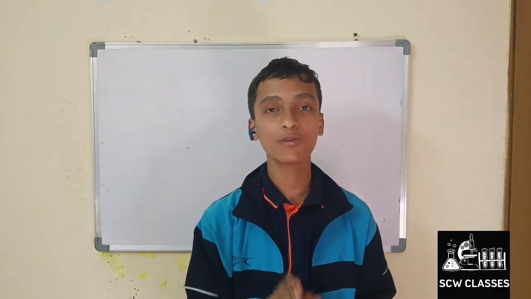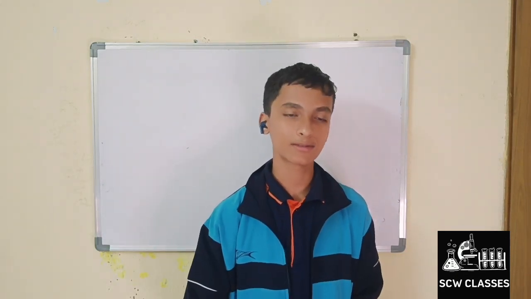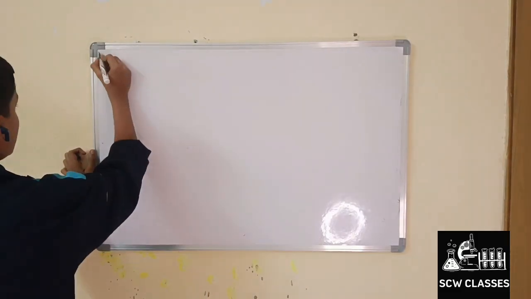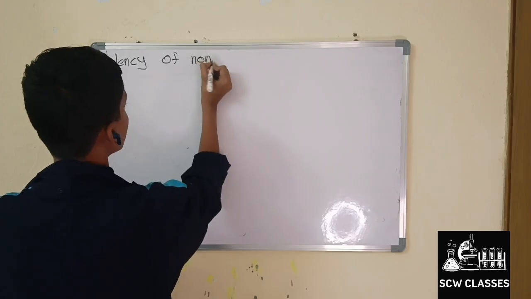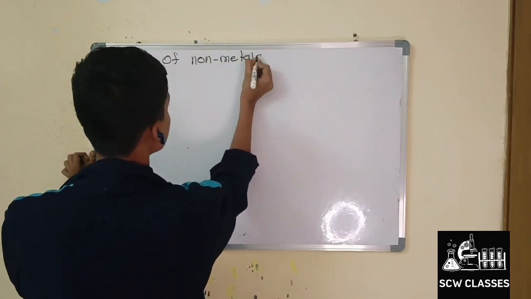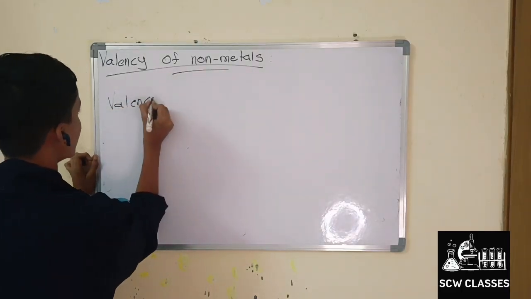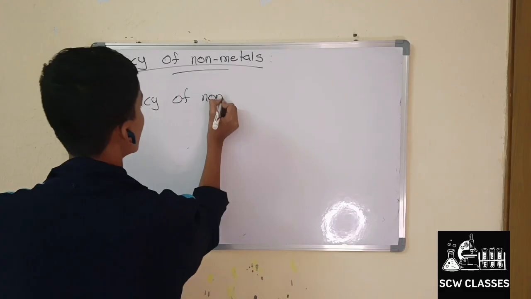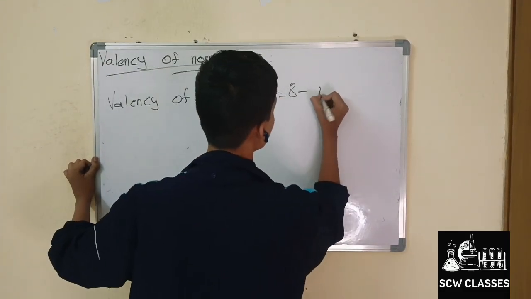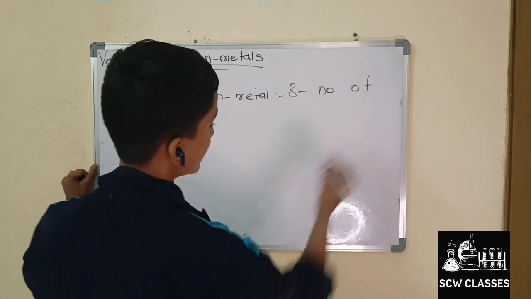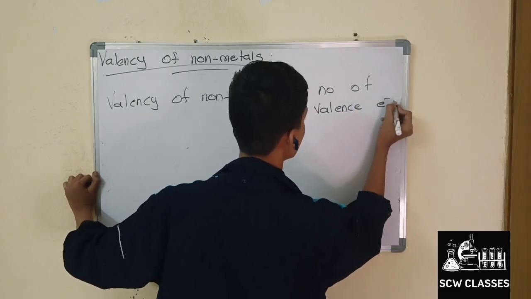Valency of a non-metal is equal to 8 minus the number of valence electrons. Clear?